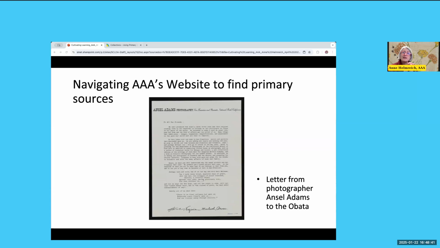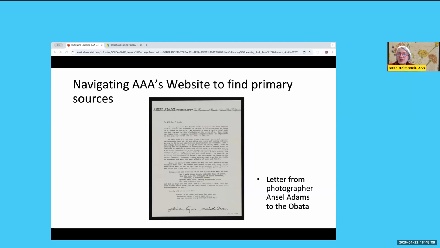But one thing I like to talk about a lot is I think a lot of students sometimes have this idea that artists always work by themselves, in the studio by themselves. But in fact, a lot of artists say that they get a lot of their ideas and support from friends and family. So one scavenger hunt exercise is to invite the students to find other materials in our archives that show who was friends with the artist.